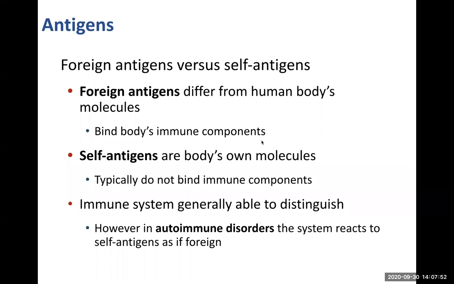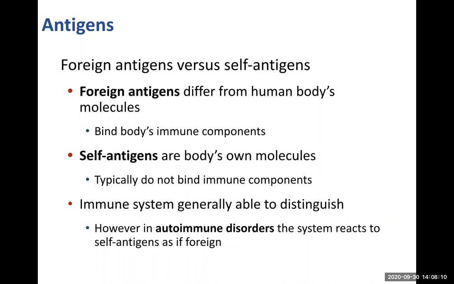Which brings me to this material right here. Foreign versus self-antigens. Antigens are used by our immune cells to tell the difference between self and non-self, and that feature is very important in our immune response.